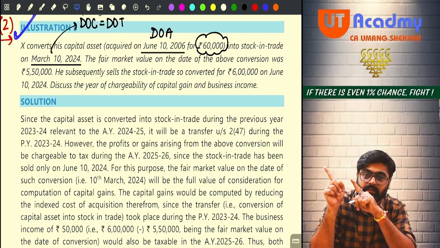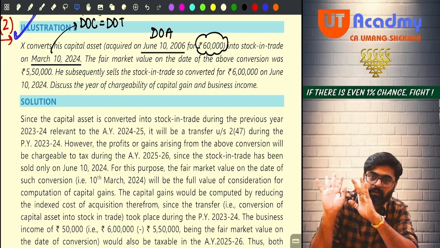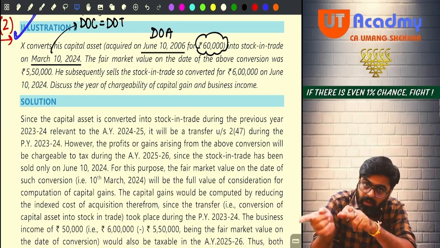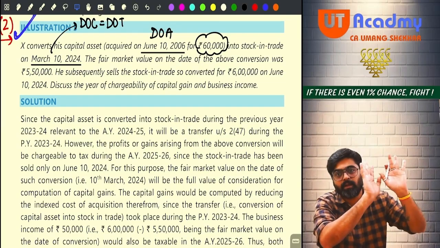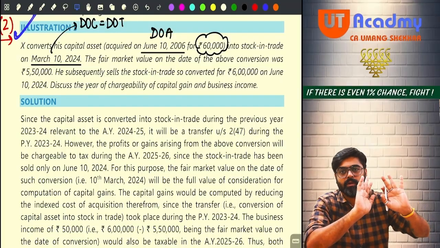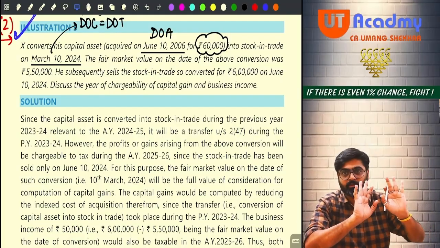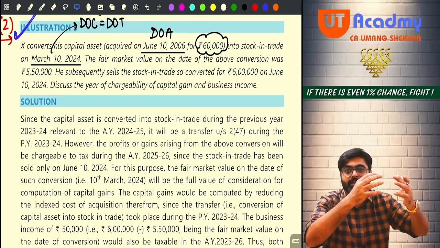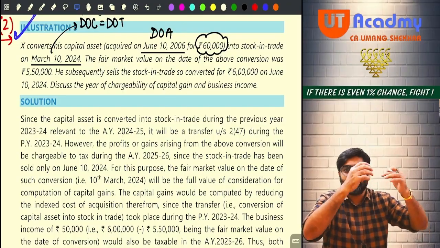The capital gain arising on conversion under section 45(2) will also be taxable in that same year, and PGBP will also be taxable in the year in which the stock in trade is sold.